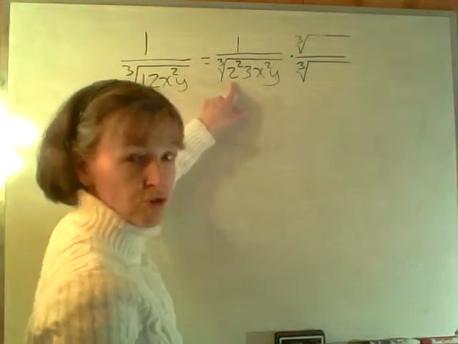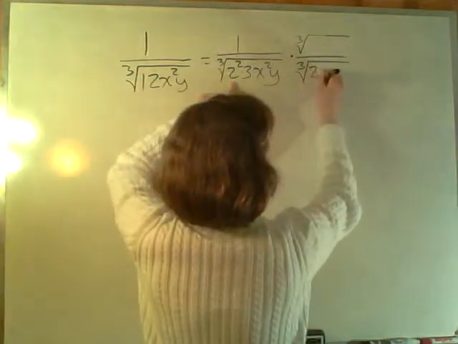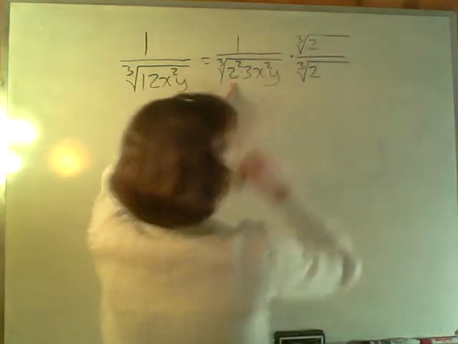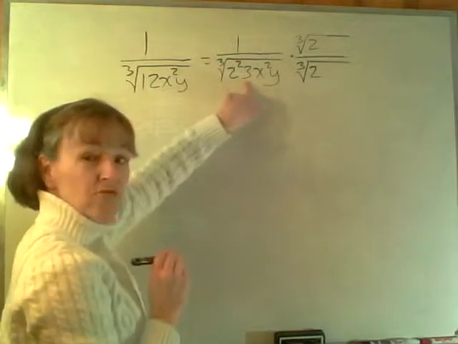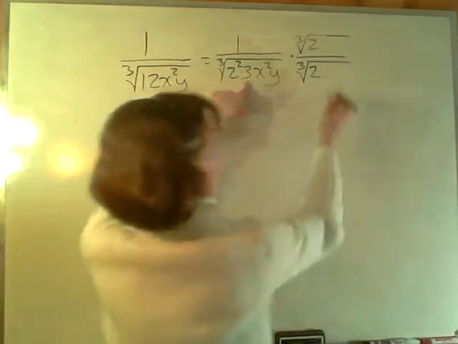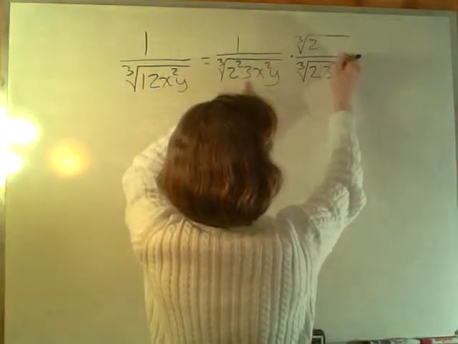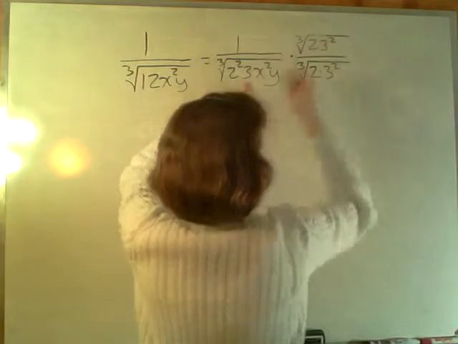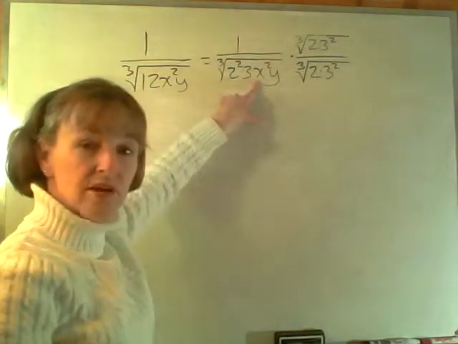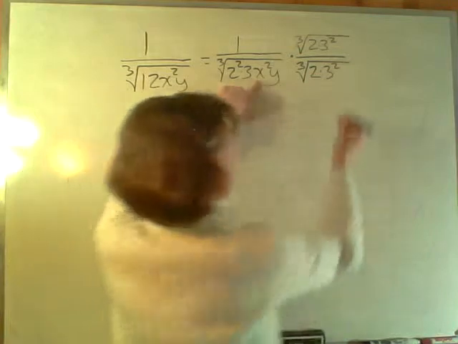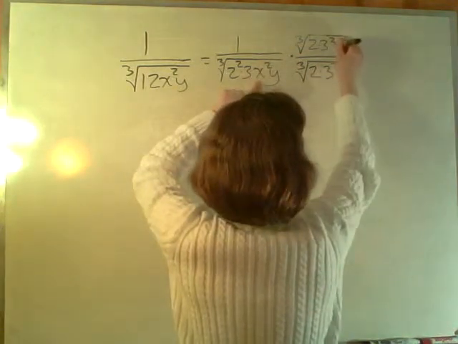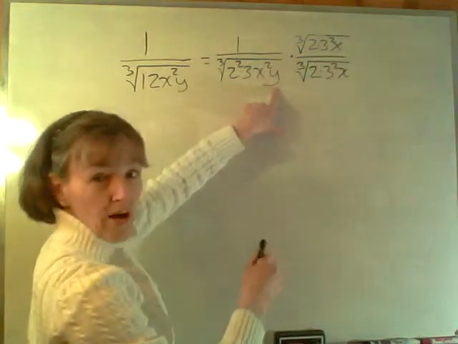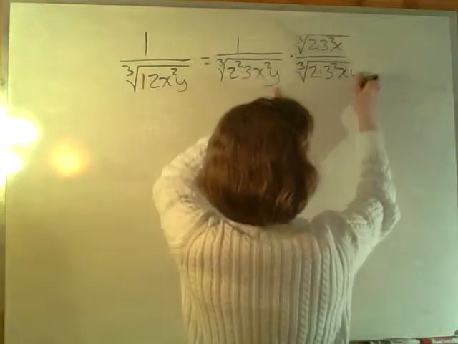So I have 2 2's, so I'll need 1 2 under my radical sign here. But I have 1 3, so I'll need 2 3's under the radical sign. I have 2 x's, so I'll need 1 more x, and I have only one y, so I'll need 2 more y's.